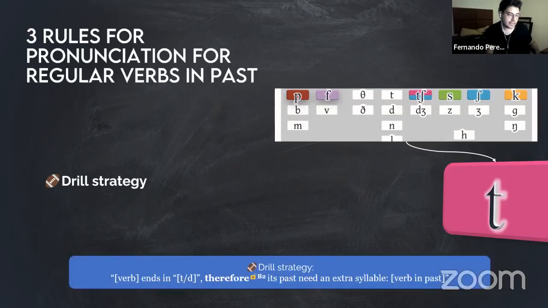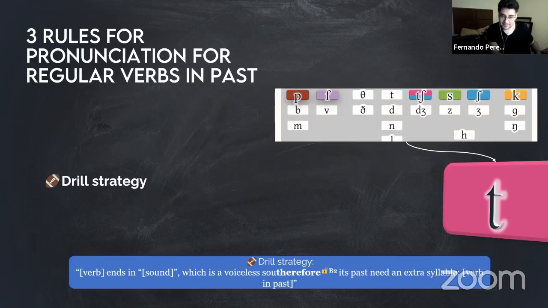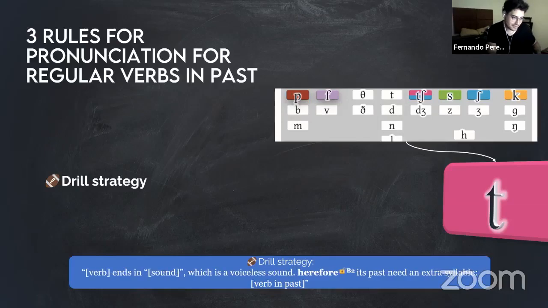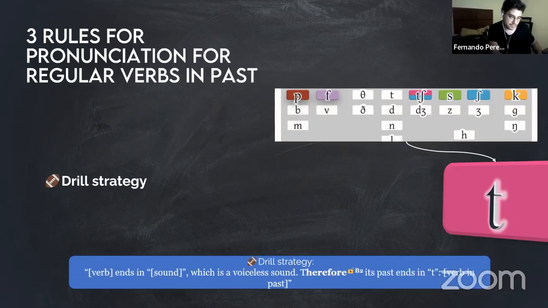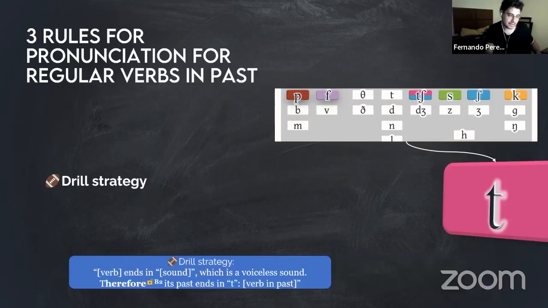Verb ends in sound, which is a voiceless sound. Therefore, its past ends in T. And then the verb in past.